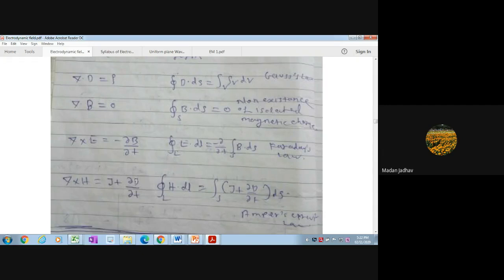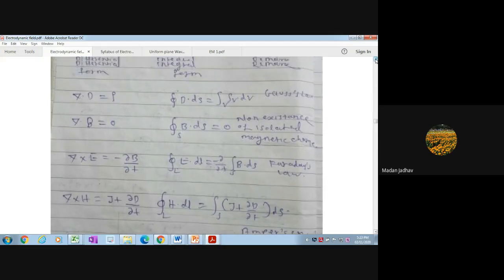Now, these are the differential forms of the Maxwell equations, also called the point forms. Then the integral form for the divergence of D equal to rho v is the closed surface integral of D dot ds equal to the volume integral of rho v. What is the meaning of this?